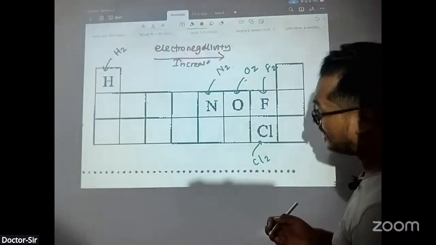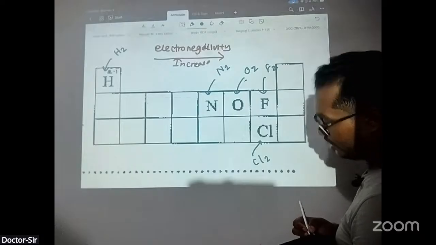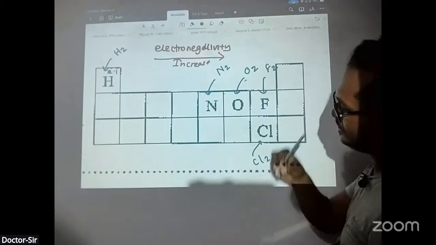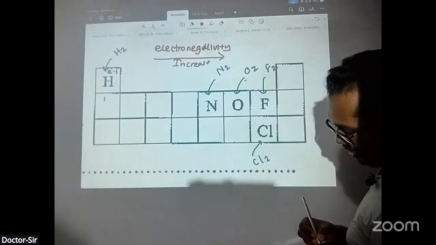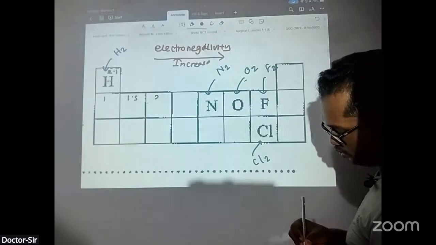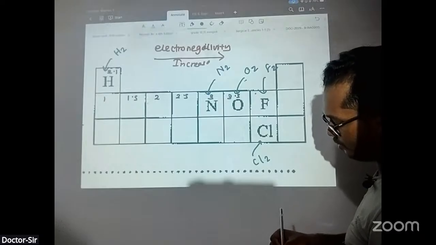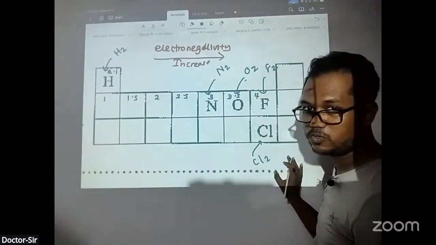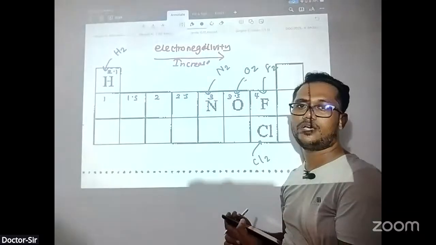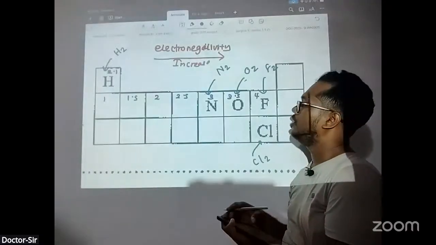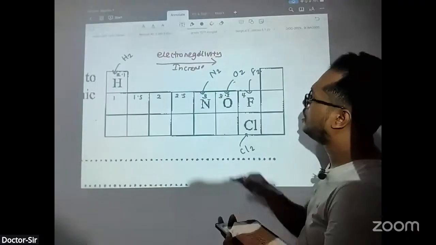There is a pattern, I will tell you the pattern. Hydrogen is 2.1. Then starting from lithium: lithium 1, then 1.5, 2, 2.5, 3, 3.5, then 4. If you notice that pattern, it will help you identify.